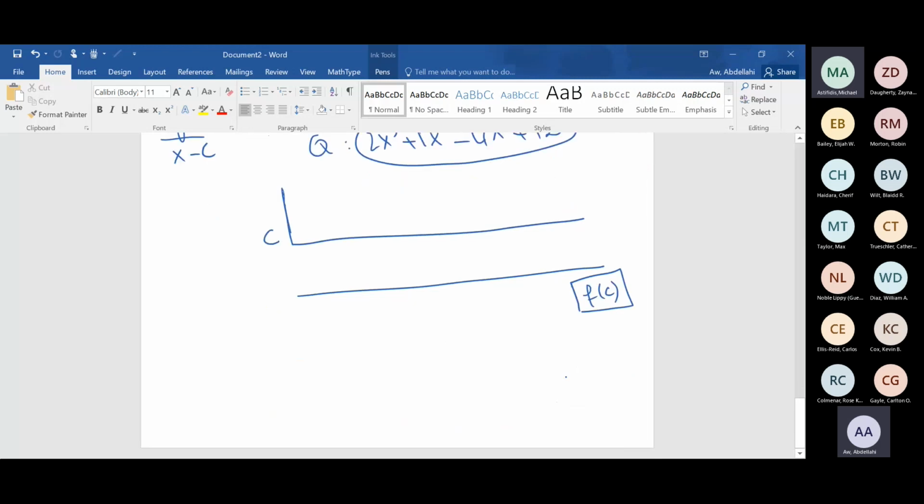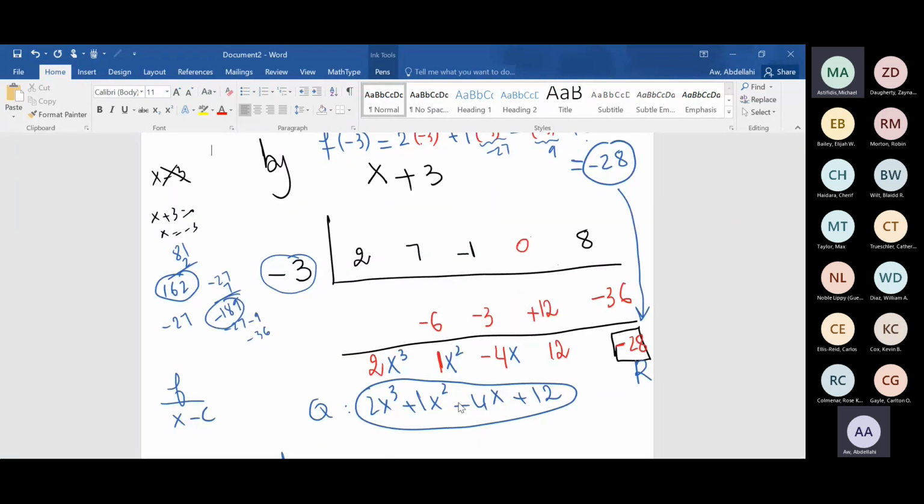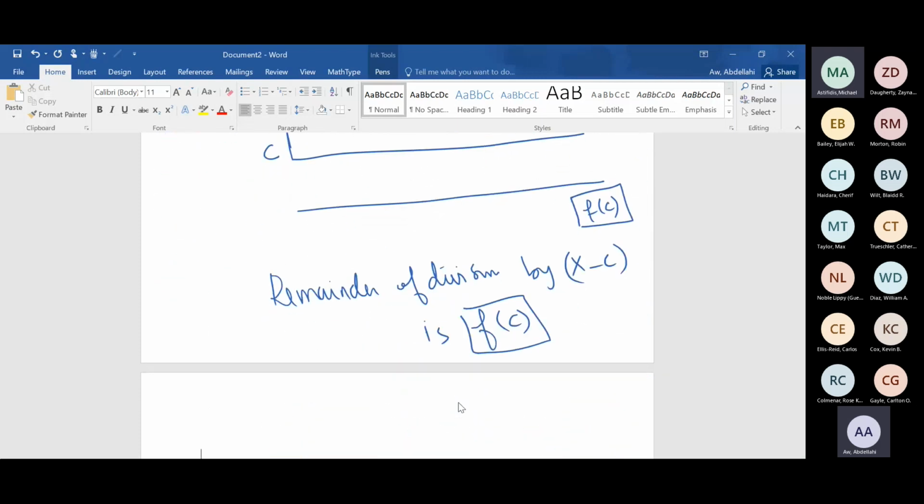Always, the remainder of division by x minus c is f of c. So basically, synthetic division allows you to plug in a number without actually plugging in the number with all the powers, stuff like that, right?